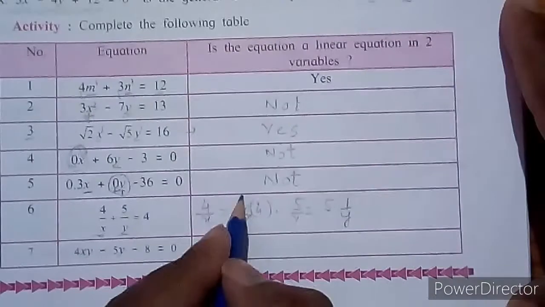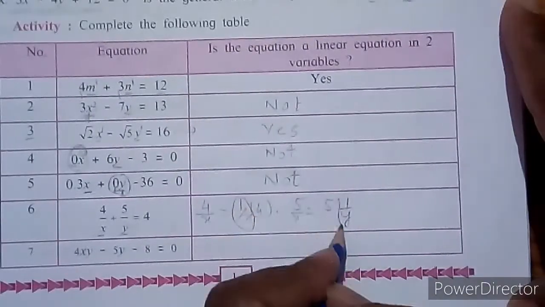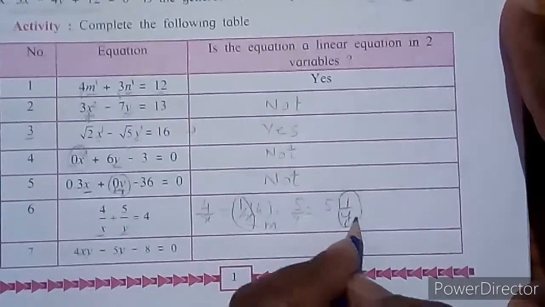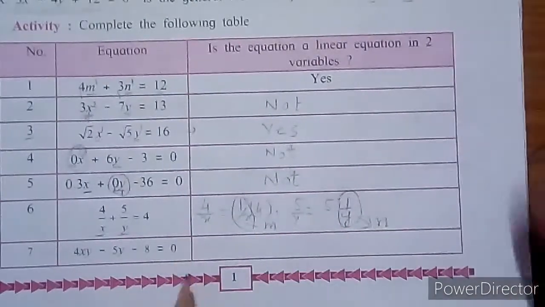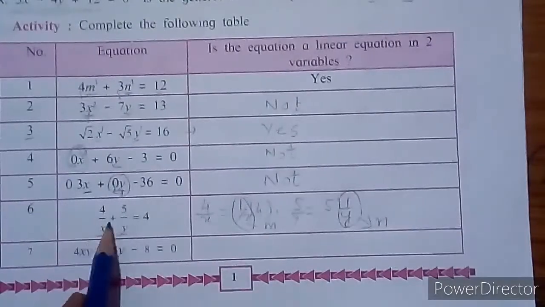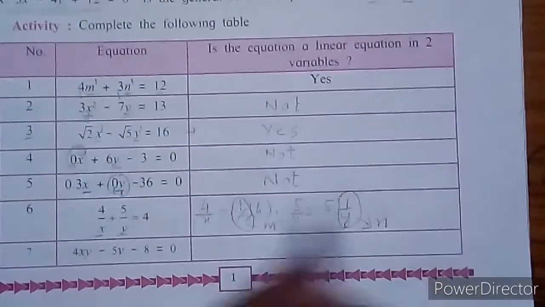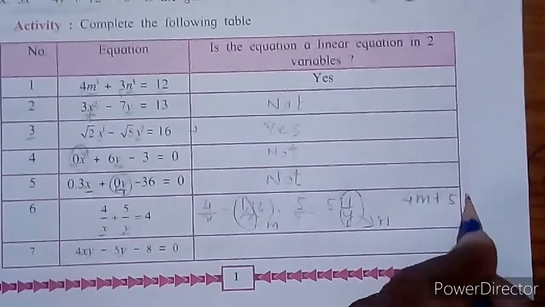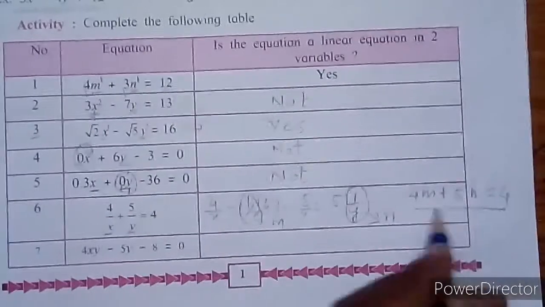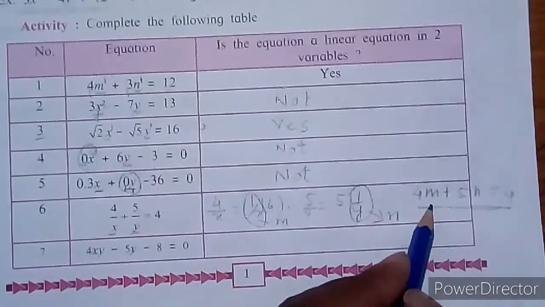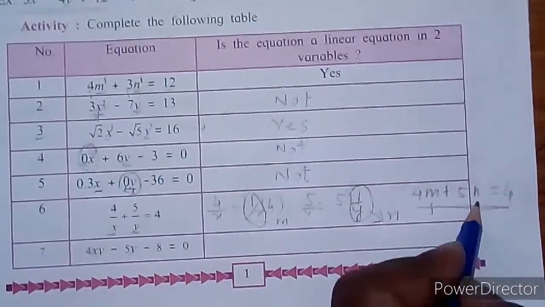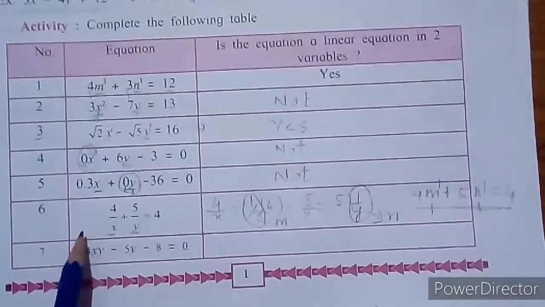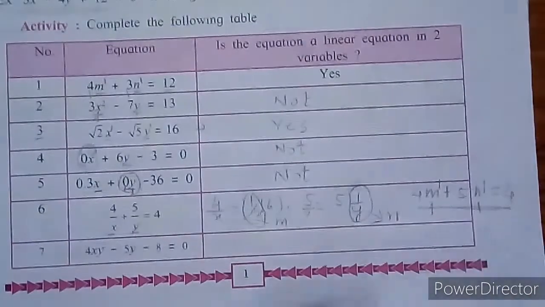Here we can substitute 1 by x as m and 1 by y as n. By substituting the variables, this equation can be transformed into 4m plus 5n equals 4. Now this is a linear equation having two variables, m and n, having 1 as the degree. Therefore this non-linear equation can be transformed into a linear equation.